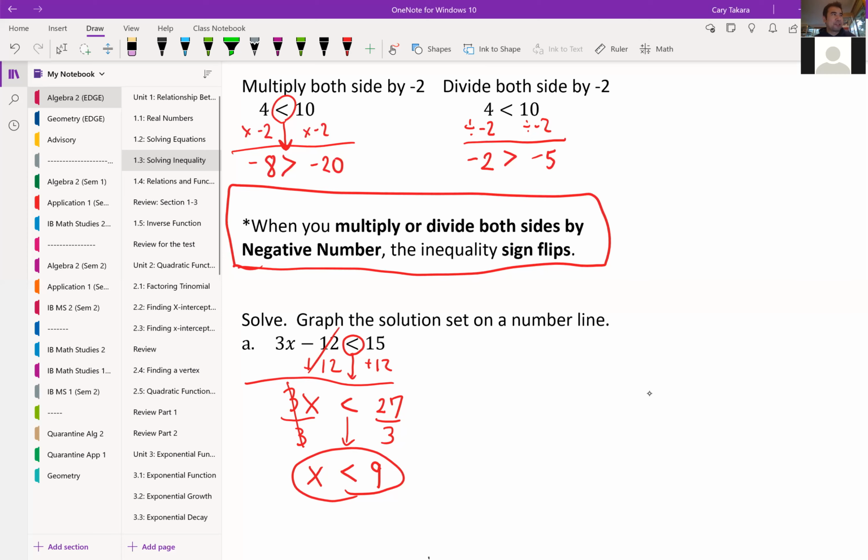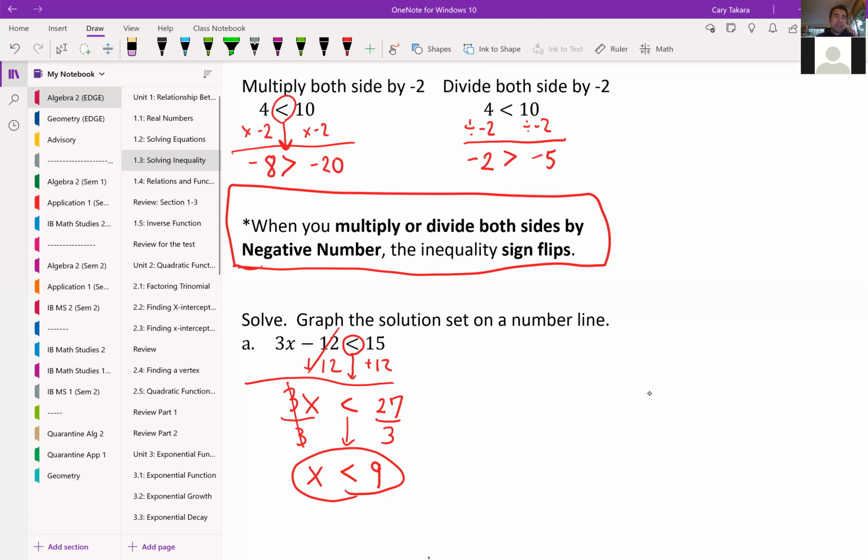Type in a number that is less than 9. 6, 8.45, 4. How about negative 10, negative 11, negative 13, negative 1 million? So how many numbers can you think of that are less than 9? Infinitely many.